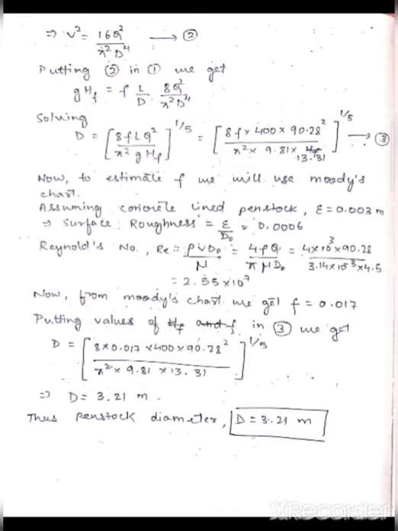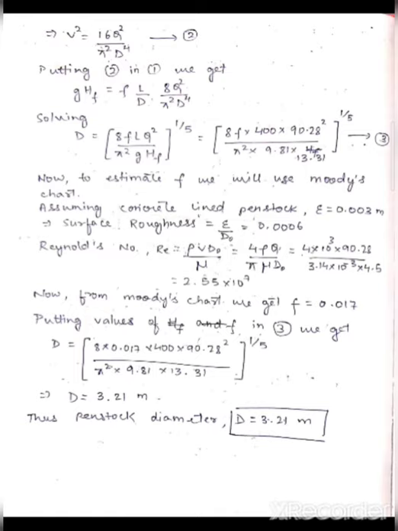So surface roughness could be found out as epsilon by D naught, as we know that epsilon for concrete lined is 0.003 and D naught in the question is 4.5. We will get epsilon by D naught to be equal to 0.0006.